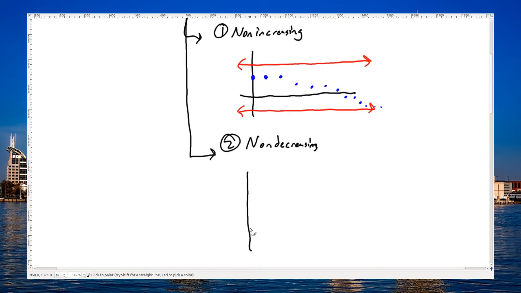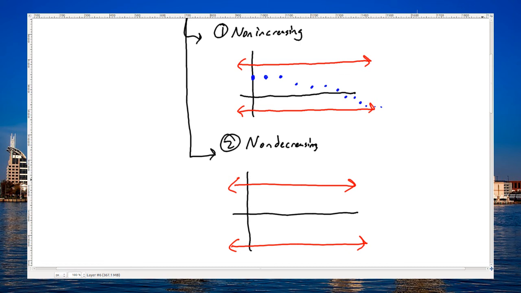And it's going to be the same sort of picture if it's not decreasing. Same sort of idea. We're going to have some bounds because we said it was a bounded monotonic sequence. And this sequence is not allowed to decrease, which means it has some value. Maybe this starts indexing at 1, I don't know.